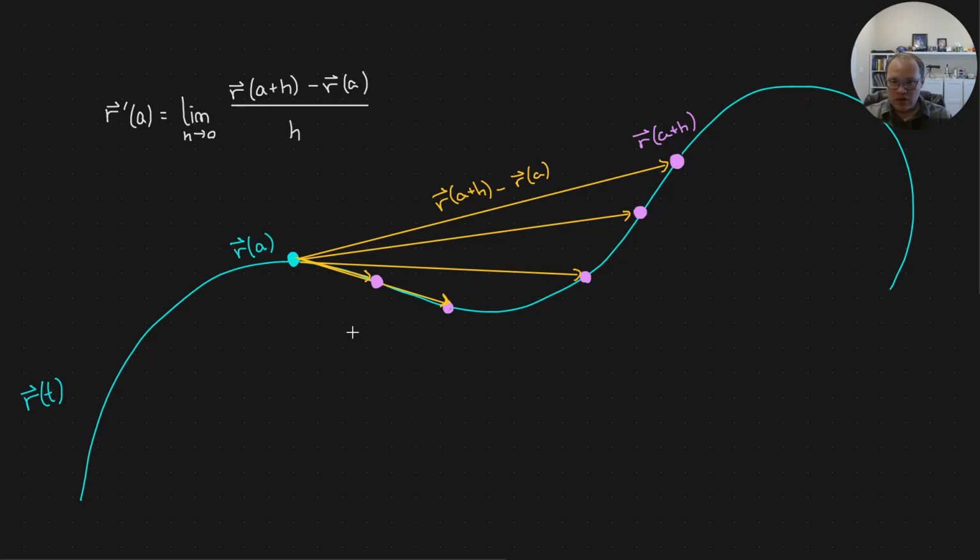And so that's what this is getting us. It's getting us closer and closer to some vector that is tangent to the curve right here. Let me use a different color, see if that'll show up a little better.